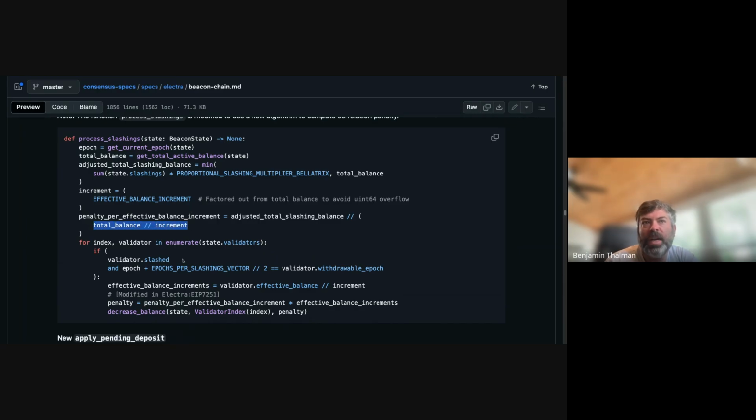Total balance divided by increment gives you total balance in ETH. And then adjusted total slashing balance, floor divide by this number. This is because this is in Gwei and this is in ETH. The difference here is in billions. So this also will not round down.